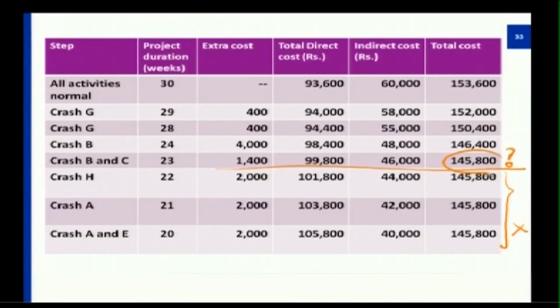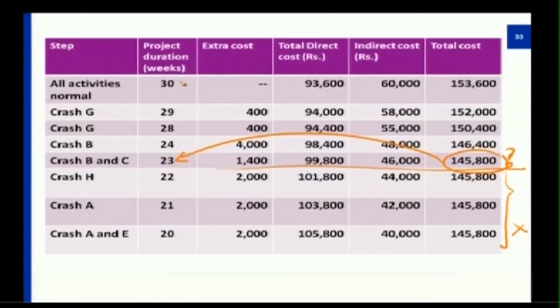So the major impact would be on 1,45,800, which happens at 23 weeks duration. The developer will promise the customer that if the same product has to be delivered within the time, then this can be reduced from a maximum of 30 weeks to a minimum of 23 weeks, which will be entertained.